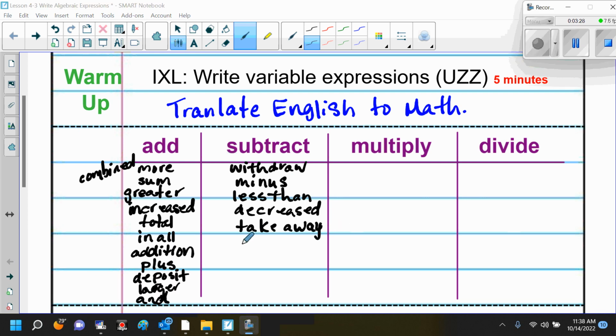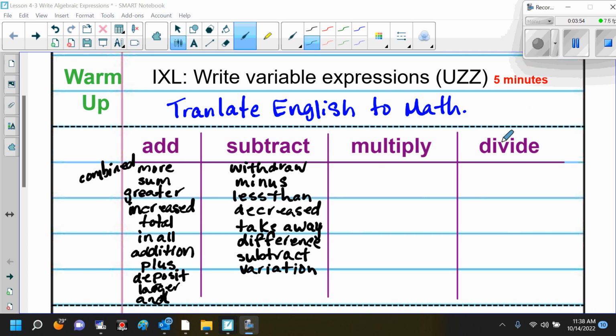Good. Difference. What else? Subtract. The variation. Yep, that was on our last test, wasn't it? Variation. Very good.